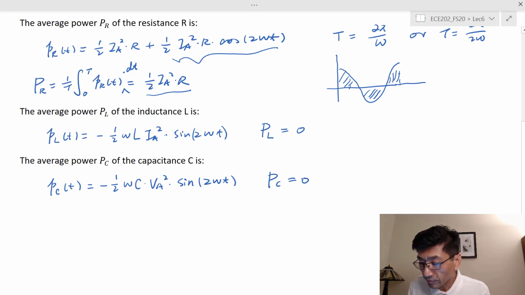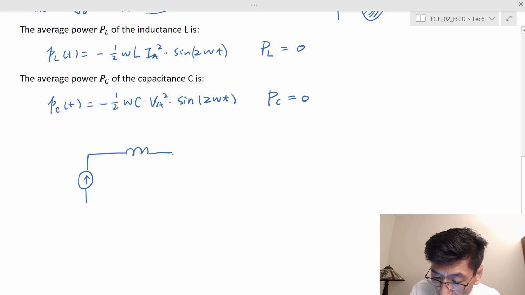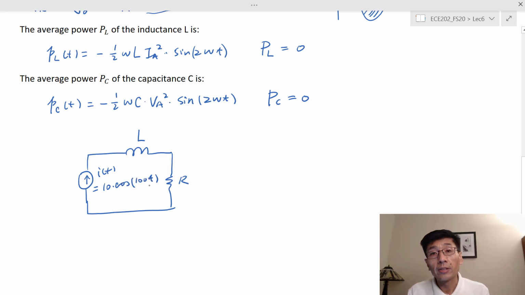This is always the case. For example, suppose we have a current source flowing through an inductor with inductance L and also through a resistance R. Let's say I(t) is 10 amps times cosine 100t, where 100 is the angular frequency omega.